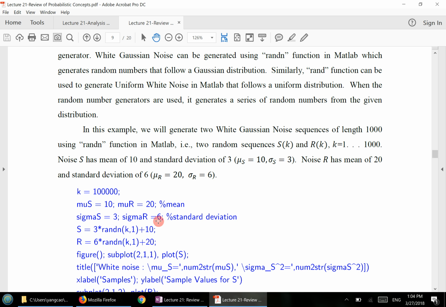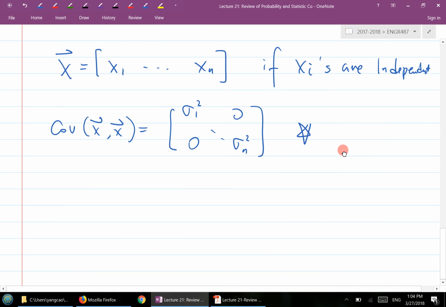This is also something you need to know when you run a simulation or define certain random variables. Let's say x takes a mean of mu and a standard deviation of sigma.